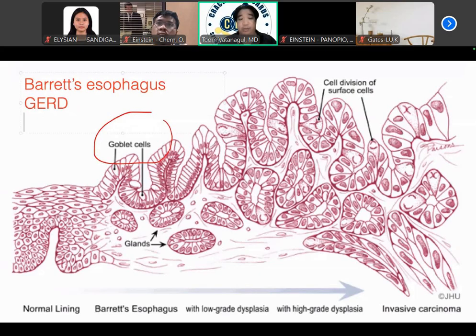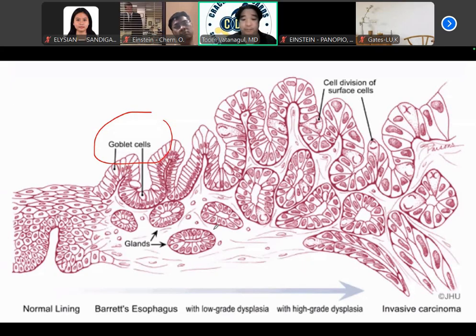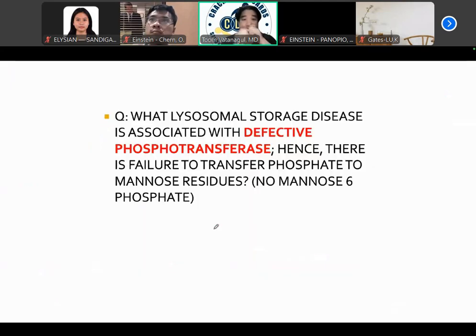Question: what is the most common type of cancer associated with Barrett's esophagus? Okay, very good. The most common type of esophageal cancer associated with Barrett's is adenocarcinoma. So it's a precursor of adenocarcinoma. Now, I just want everyone to remember this.